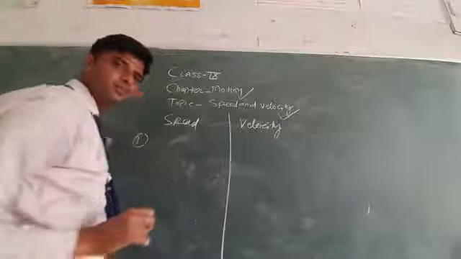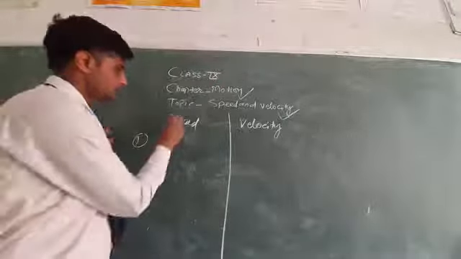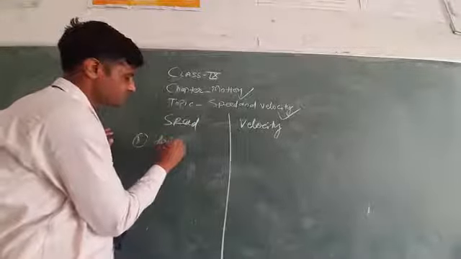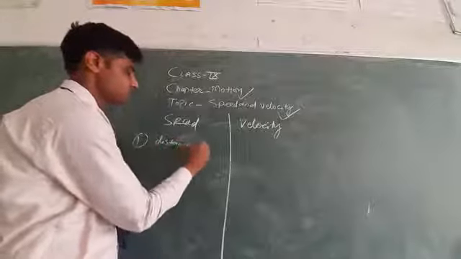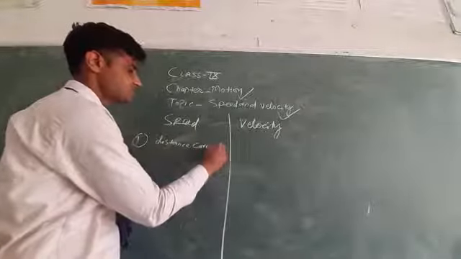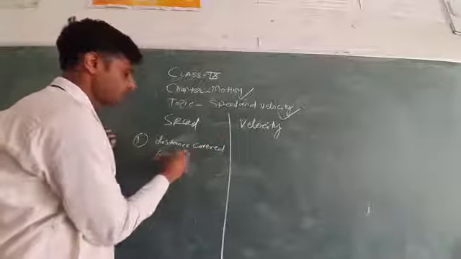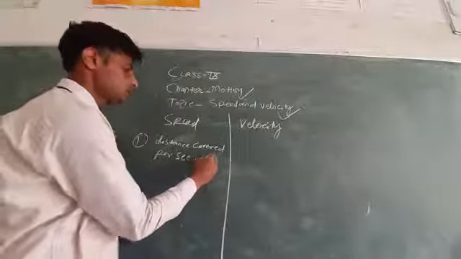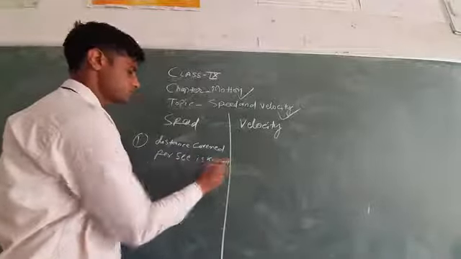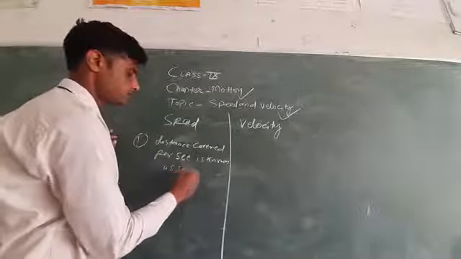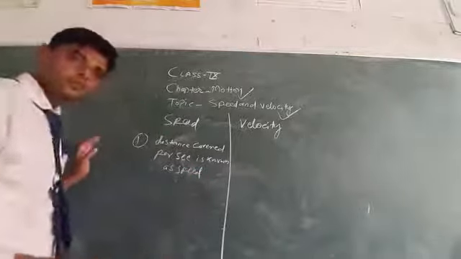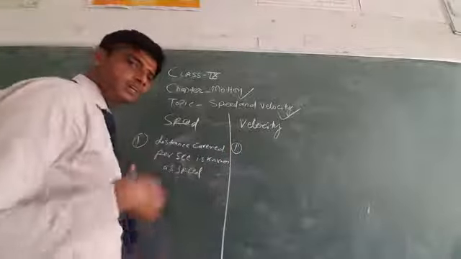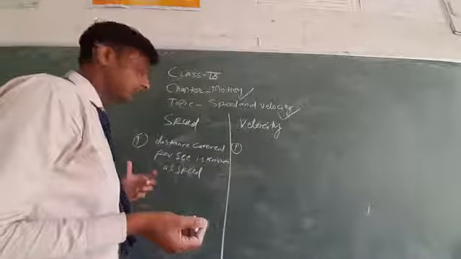Speed: distance covered per second is known as speed, and displacement per second is known as velocity.